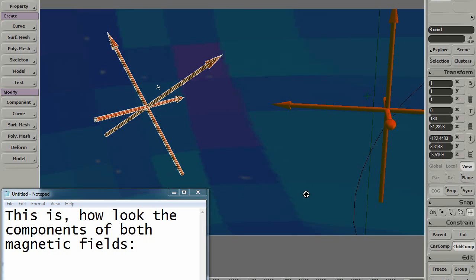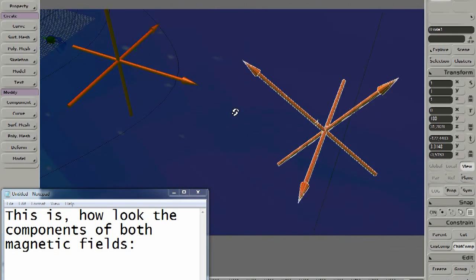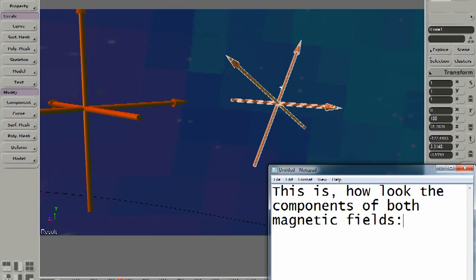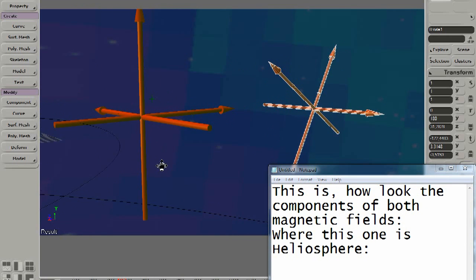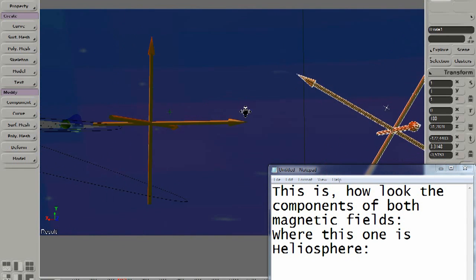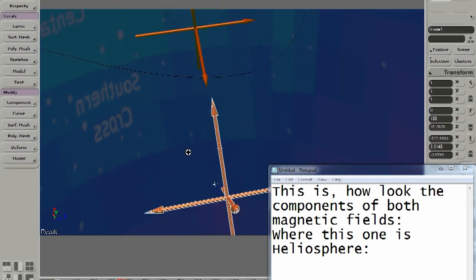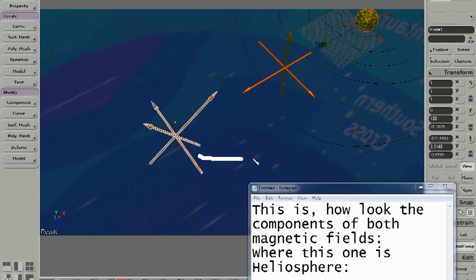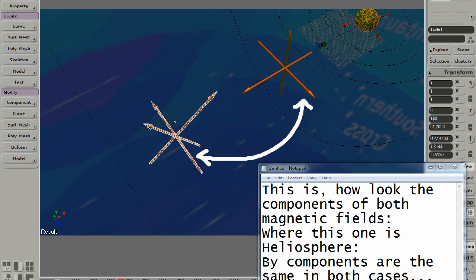This is how the components of both magnetic fields look, where this one is the heliosphere. The By components are the same in both cases.